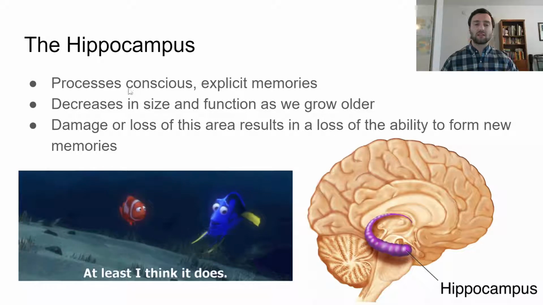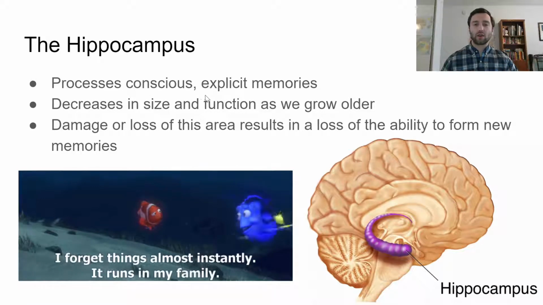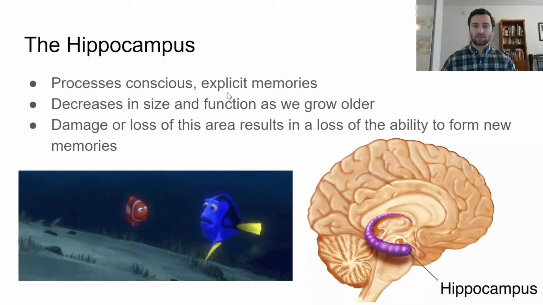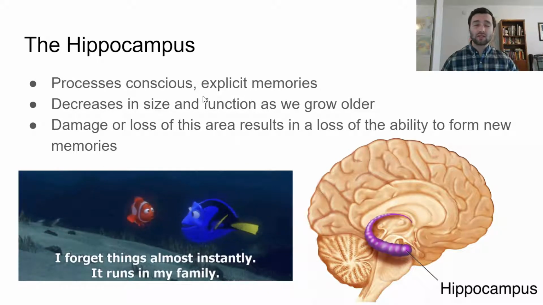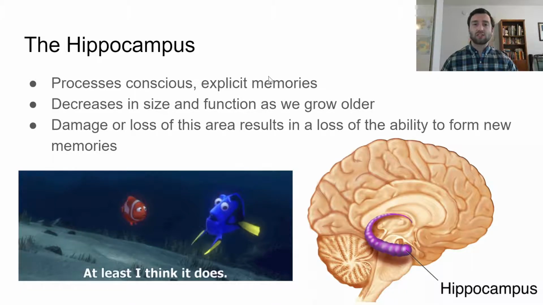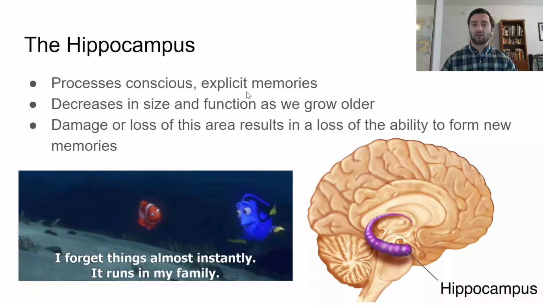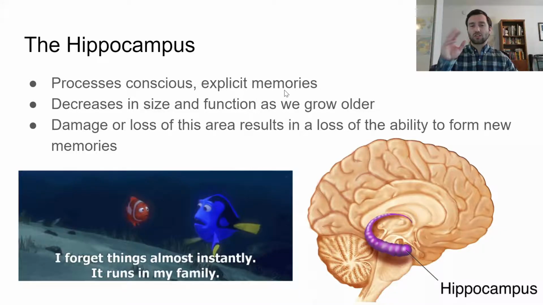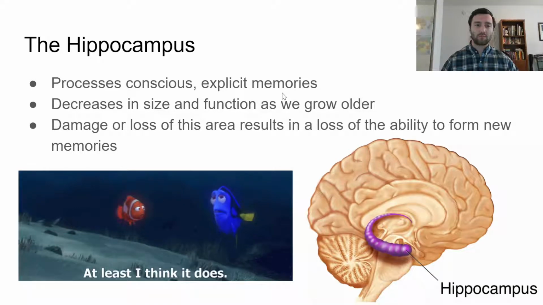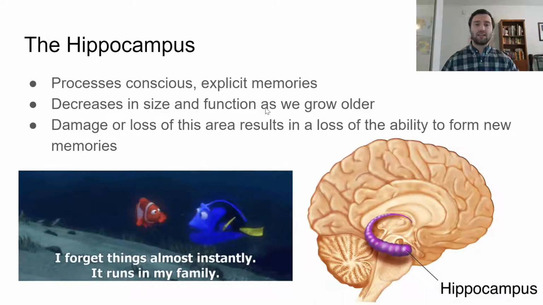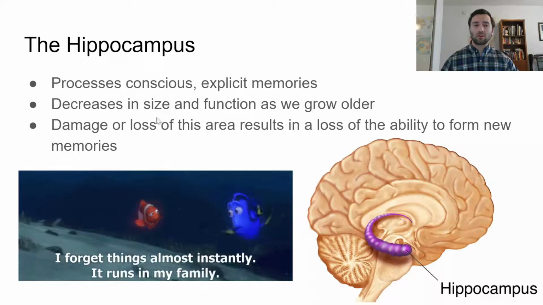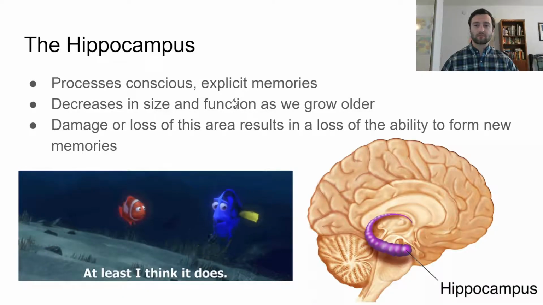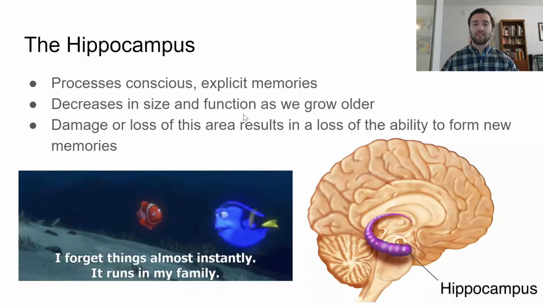Basically, these are the things that we are consciously aware of, our explicit memories. If you're trying to study something or memorize something, that's a conscious explicit memory. You're putting effort into remembering it, or consciously going through it, or thinking about it at the moment. We see that the hippocampus decreases in size as we get older, and this goes hand in hand with a decrease in function.